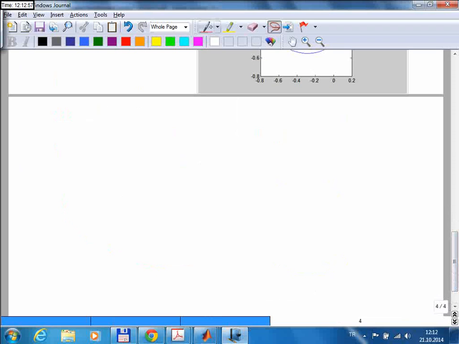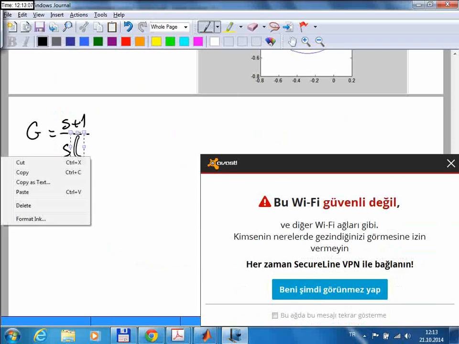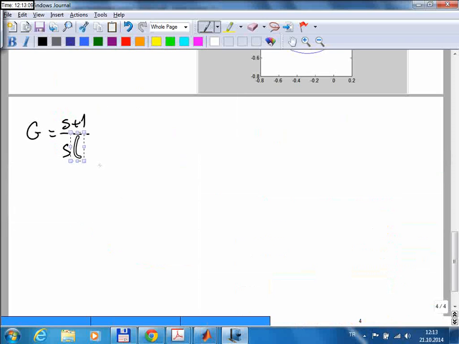So we should just talk on some examples. So if your g function is something like s plus 1 over s times (s plus 2). So we have two poles, one at 0 and one at minus 2.